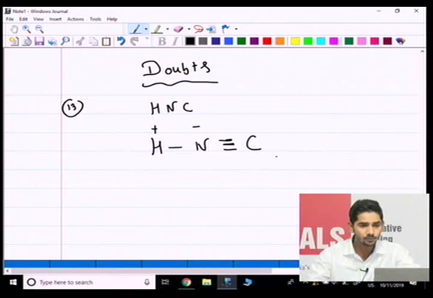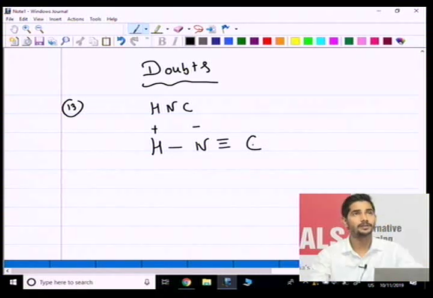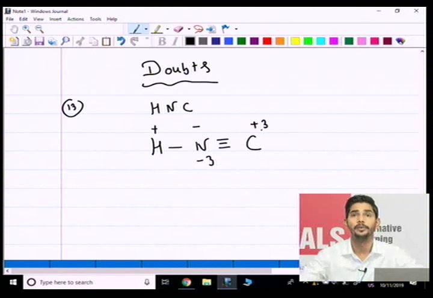If we talk about the carbon and nitrogen, obviously nitrogen is much more electronegative as compared to the carbon. So if I look at the structure only in this manner, you will find that there is -3 on the nitrogen and +3 on the carbon.